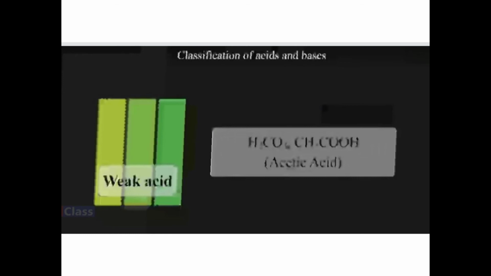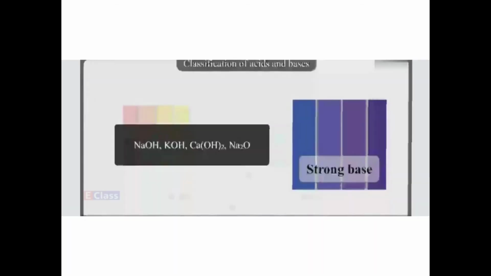Now come to strong base. Strong bases are substances which on dissolving undergo complete dissociation and you get OH minus ions as the basic radical. So complete dissociation, then it is a strong base.